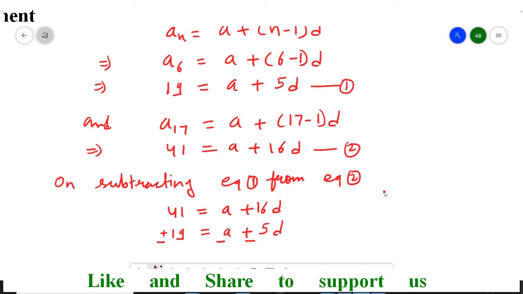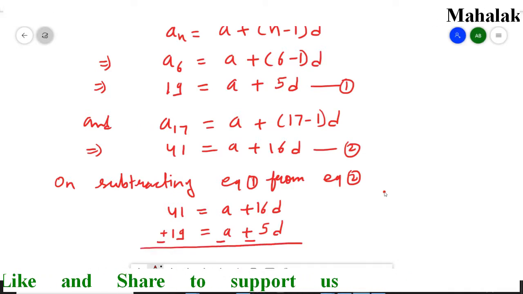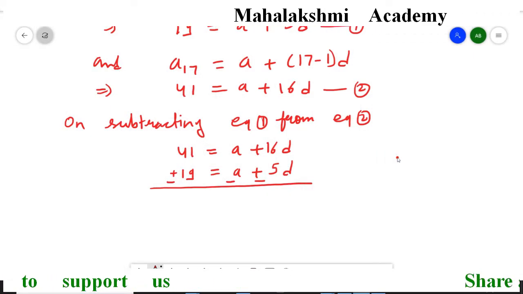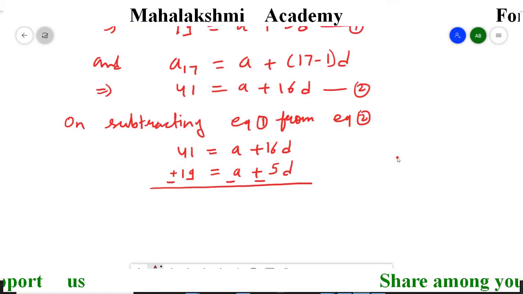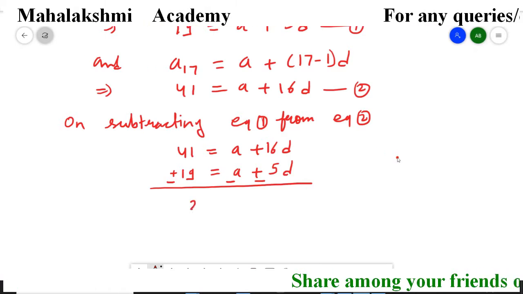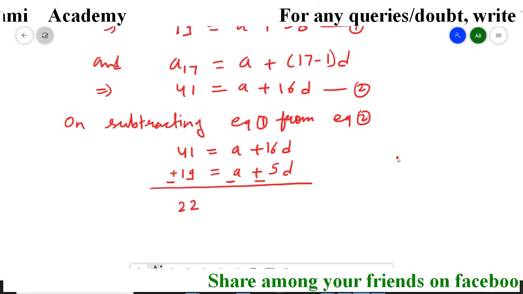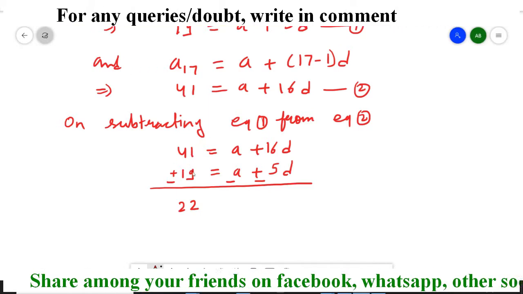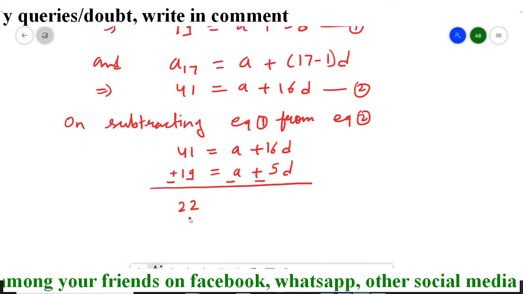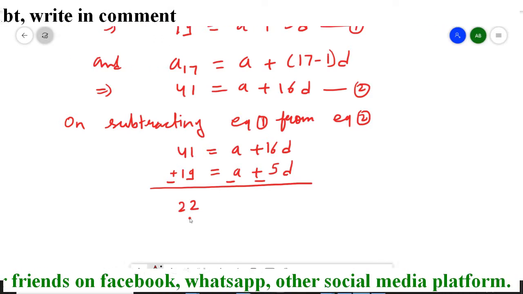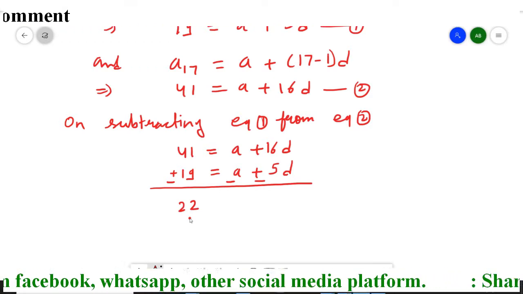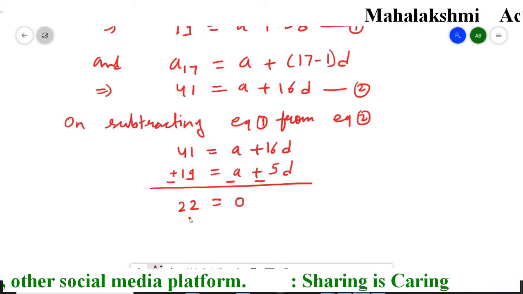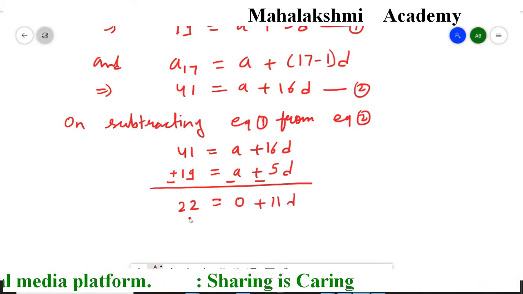You all have done this in your small classes, so you know how to subtract two equations. When we subtract, 41 minus 19 gives us 22, and a minus a is 0, and 16 minus 5 is 11d.